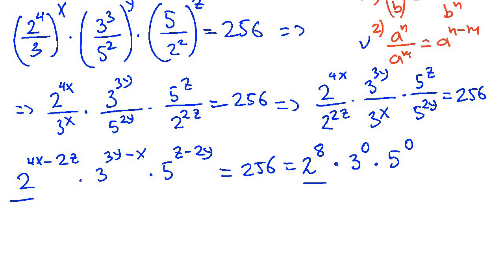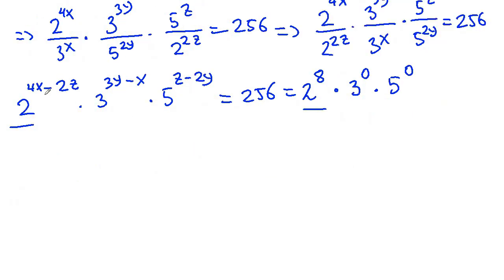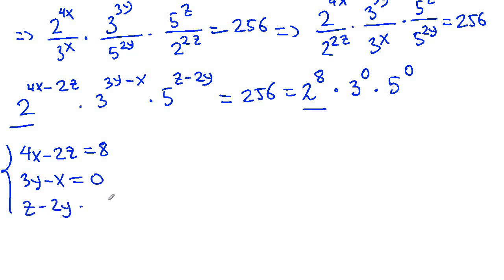So it's clear that we have to equate each exponent. Therefore 4x minus 2z is equal to 8, and for the second one, 3y minus x is equal to 0, and z minus 2y is equal to 0.